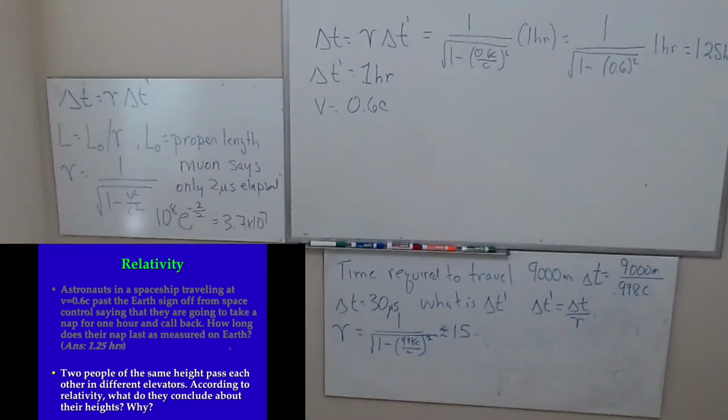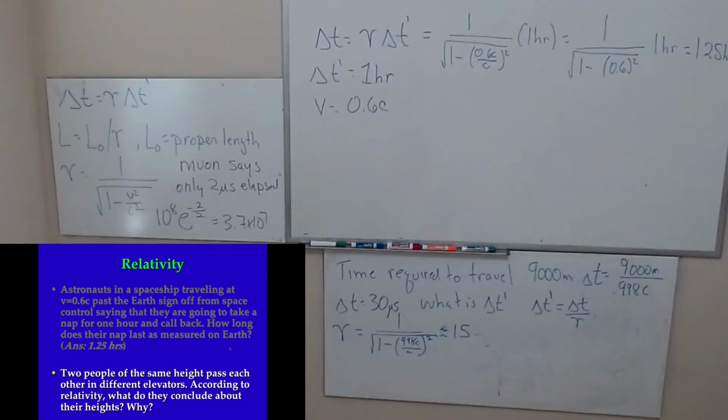Anybody want to venture to guess? Do they both assume the other one is taller? Well, I mean, part of your answer is correct. Not taller. They're going to be shorter. They're both going to say the other person is shorter.